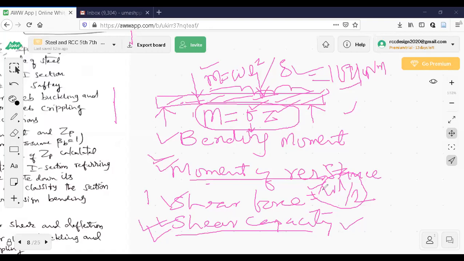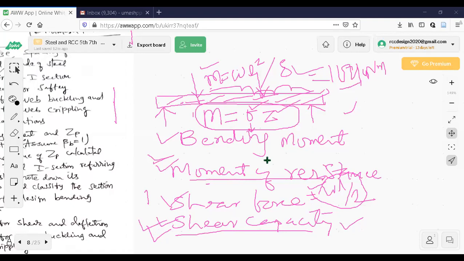Then you have to go for checks for deflection and all those things. Checking is different. First, deciding the section and finding the bending moment is a major part. Then you have to go for checks. So this is how you can understand the basics of beam design, whether it is steel or concrete.